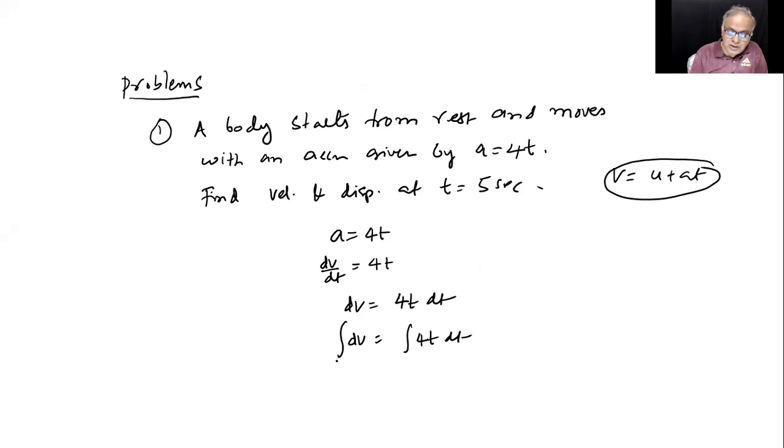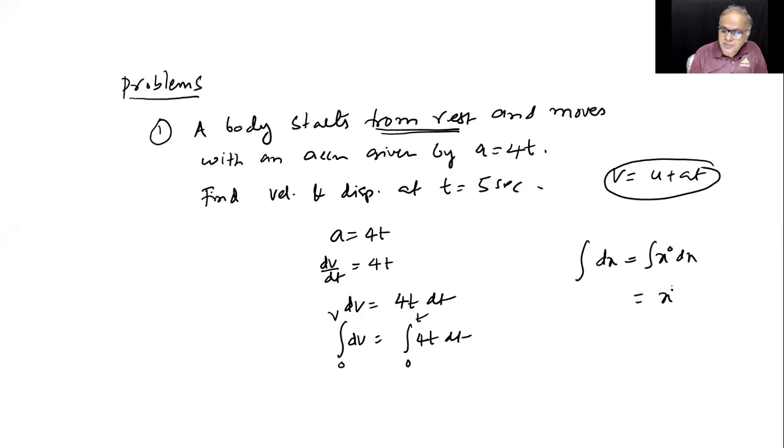Now we need to put the limits. 0 velocity here, because we said we start from rest, and some velocity as a function of time here, which is unknown. 0 time and t. So integral dx will be what? It is like x to the power 0 dx, right?